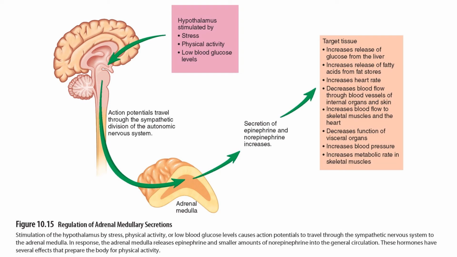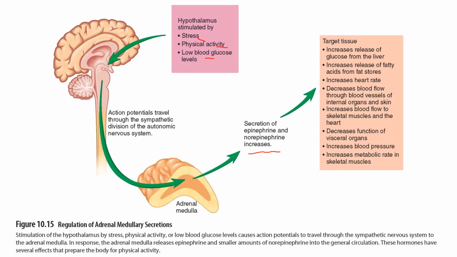So, again, hypothalamus can be stimulated by stress, physical activities, or low blood glucose levels, or the fight or flight responses. Now, action potentials travel through the sympathetic division of your autonomic nervous system going to the adrenal medulla, and then the secretion of the epinephrine and norepinephrine actually results to the following, okay, target tissues.